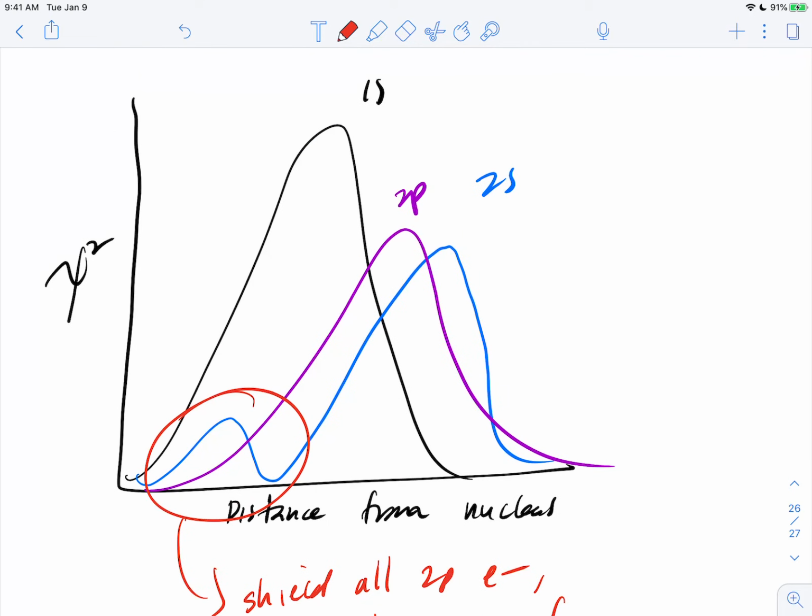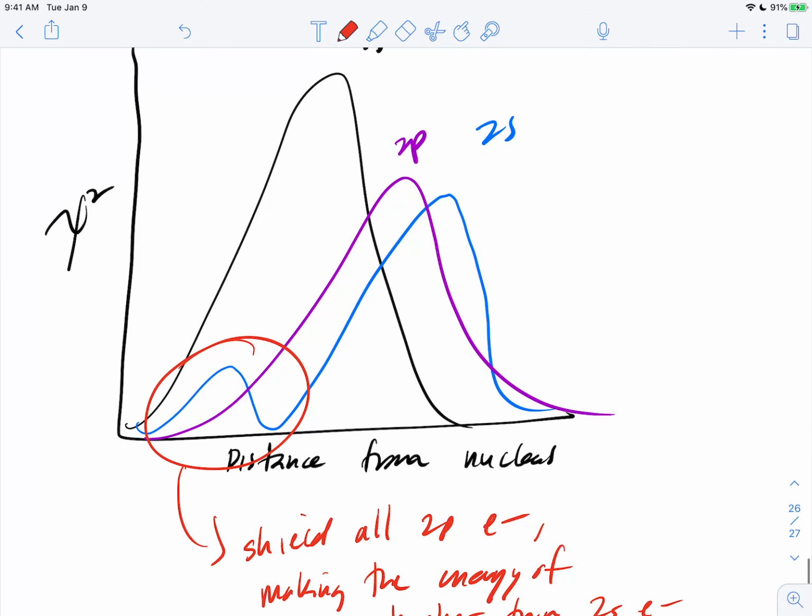This is very important because we said that when you have multi-electron atoms, we have some interactions that cause the 2p orbitals to be higher in energy than the 2s. The explanation we can provide using this plot is that because the 2s has this bump here, all of the electrons in this bump are going to shield pretty much everything.